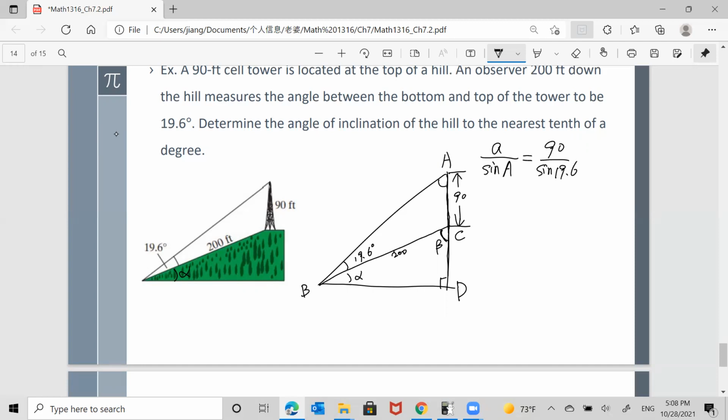From here we can find sine A, because a is given as 200. So sine A equals 200 times sine 19.6 degrees over 90. If you don't understand it, pause the video, do the cross multiplication, and isolate sine A.